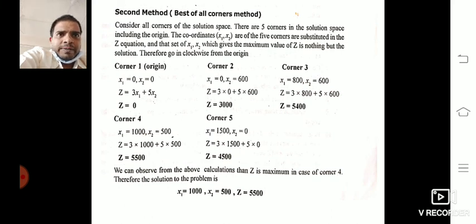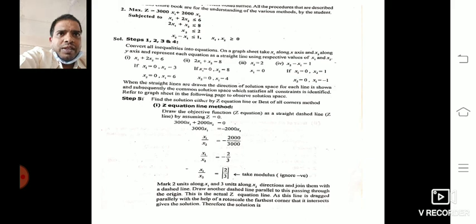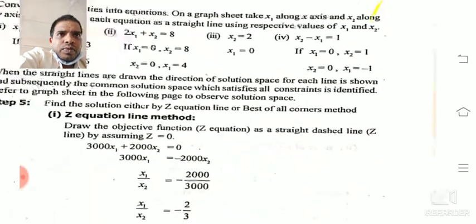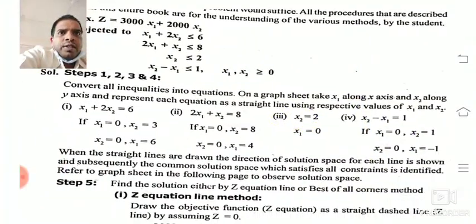Now similarly for the second problem, Z equals 3000 x1 plus 2000 x2 subject to constraints: x1 plus 2 x2 less than or equal to 6, 2x1 plus 2 x2 less than or equal to 8, x2 less than or equal to 2, and x1 less than or equal to 1.